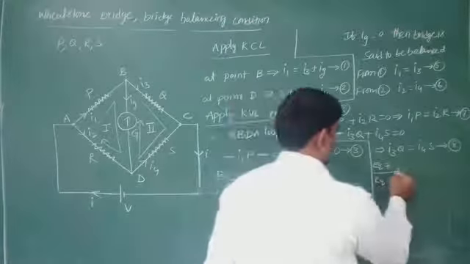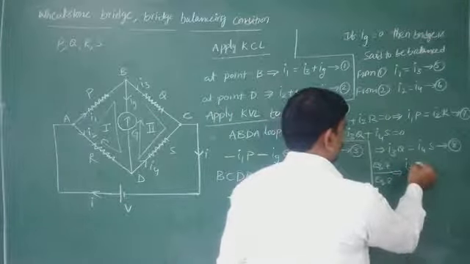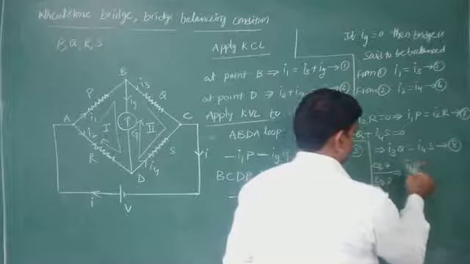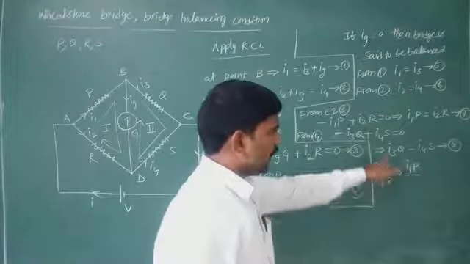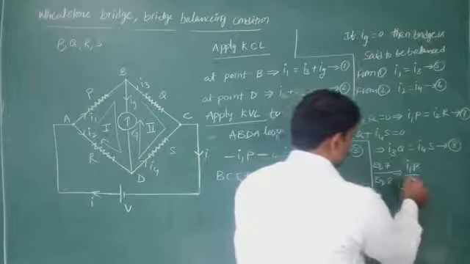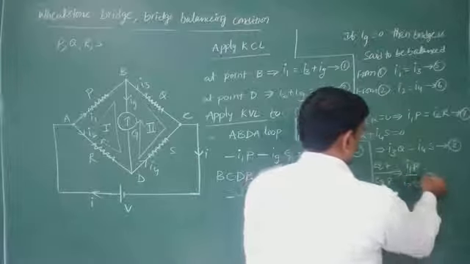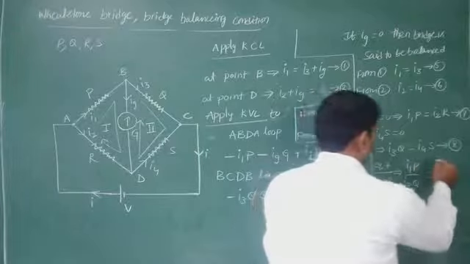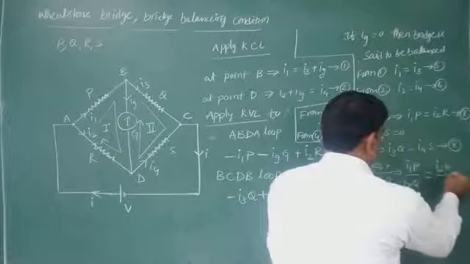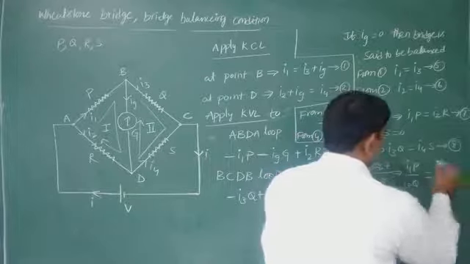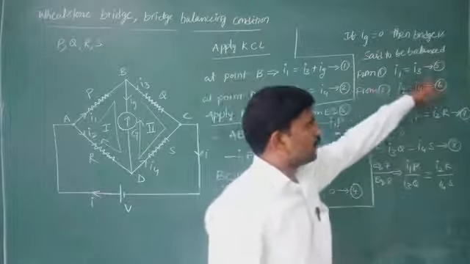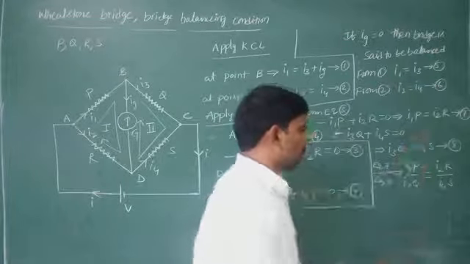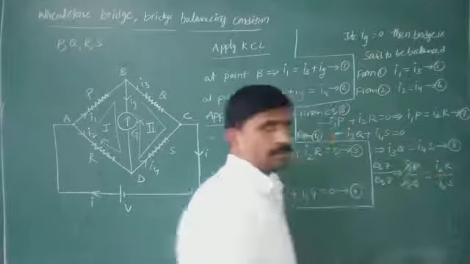That implies I1 into P by I3 into Q is equal to I2 into R by I4 into S. But observe, from equations 5 and 6, I1 is equal to I3, so these two are cancelled.